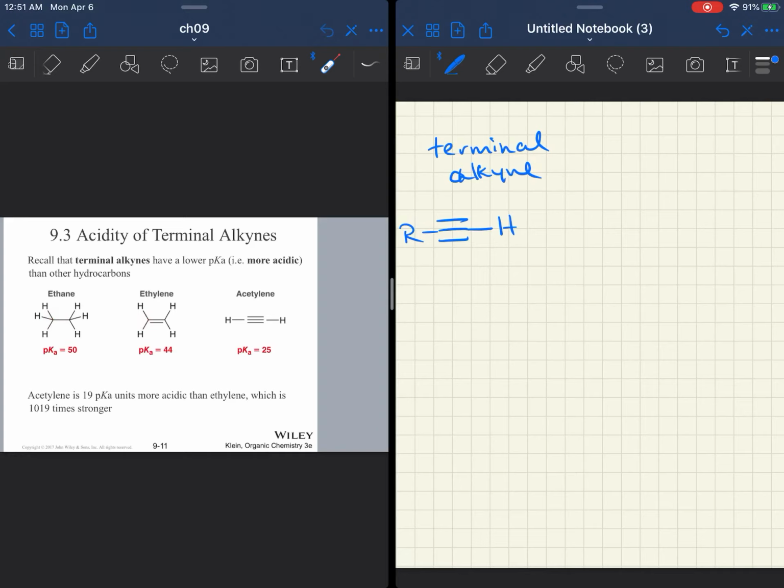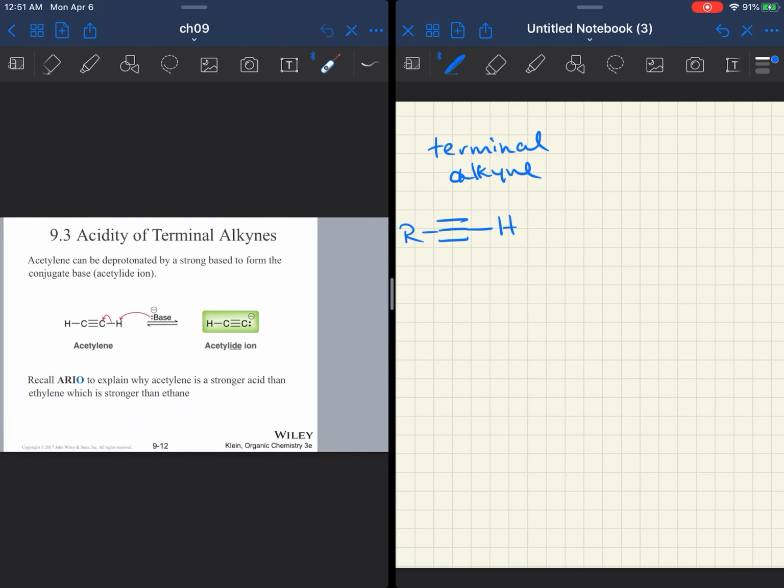It's not a strong acid by any means, but it is a lot more acidic than an H on an sp3 or an sp2 carbon. So there is this special acidity here, means it's easier to remove that proton. Now, it's not acidic, right, like a normal acid that we think of, but we can remove it if we have the right kind of base.